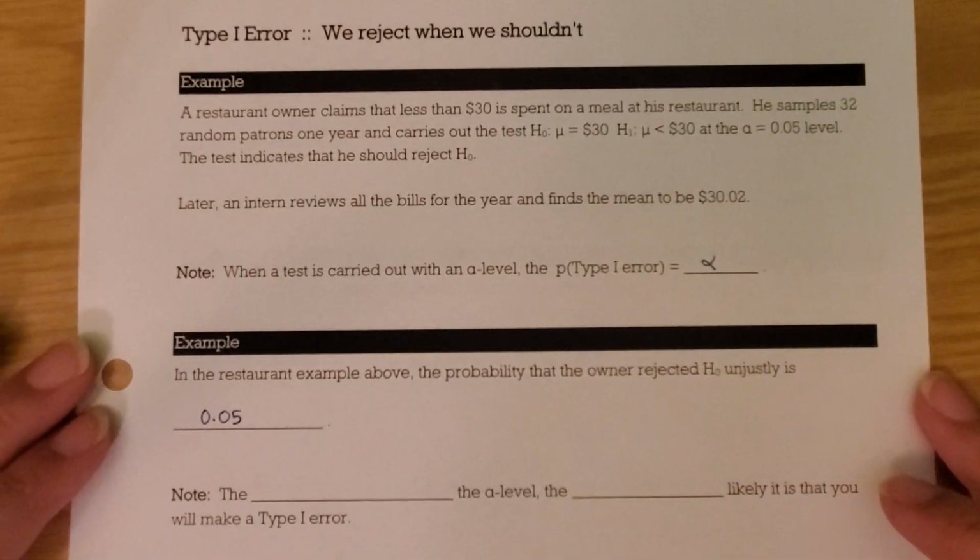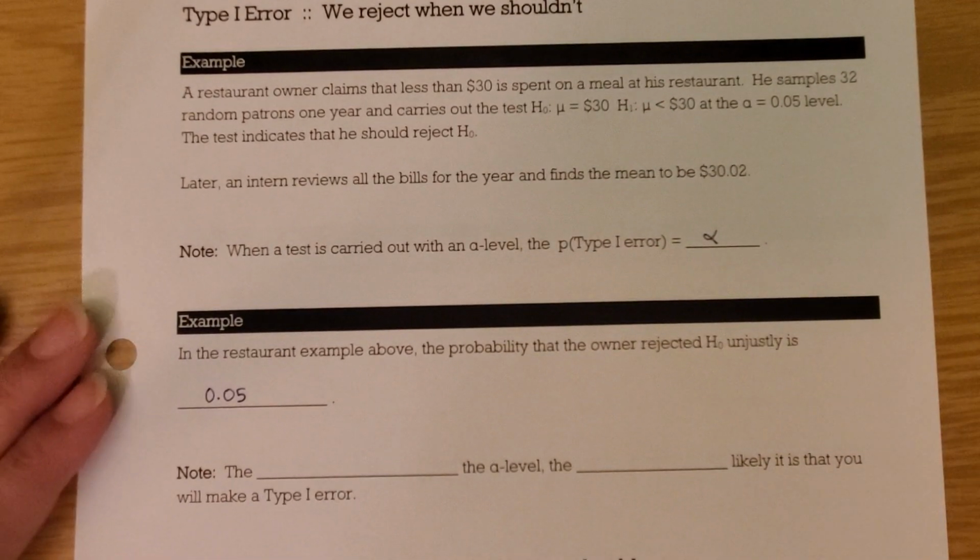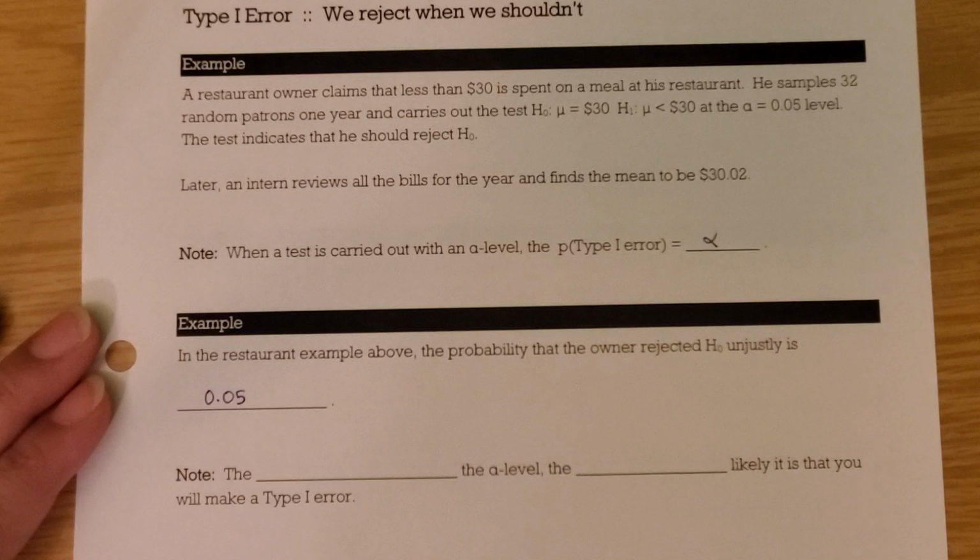So it seems like if you're trying to avoid making a type 1 error, well, then you want to use a smaller significance level, right? So if he had used the 0.01 level instead, then there only would have been a 0.01 probability that he would have made this error.